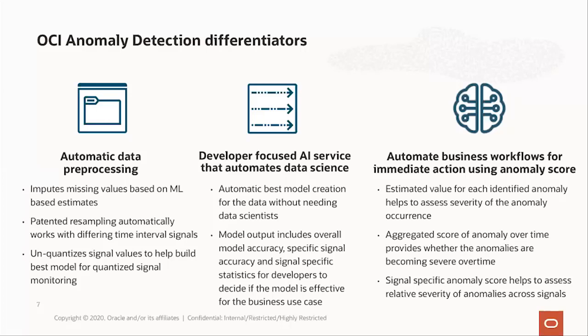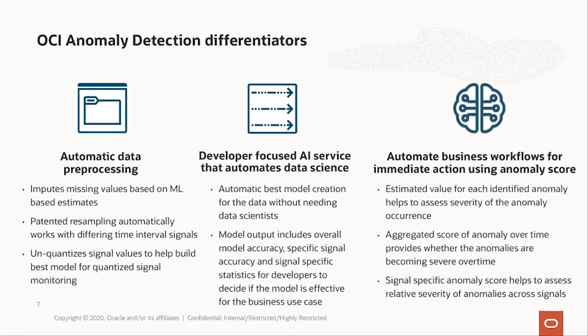For every anomaly identified, we provide the estimated value based on the machine learning model, and it gives you a sense of the severity. Say you're expecting an estimated temperature of 25, but the actual value is 136. It gives you a sense of how severe the anomaly is, so that you could assign the severity level and then figure out what downstream business workflow needs to be executed on it.